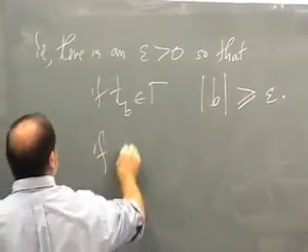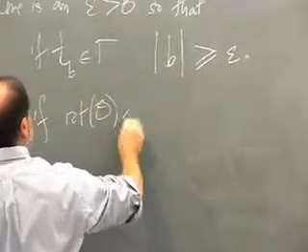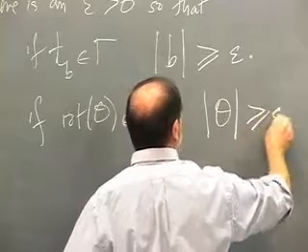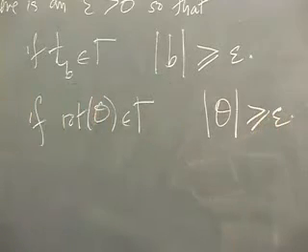And if rotation by theta is in gamma, the size of theta is bigger than or equal to epsilon. You can't translate by arbitrarily small elements. You can't rotate by arbitrarily small elements.